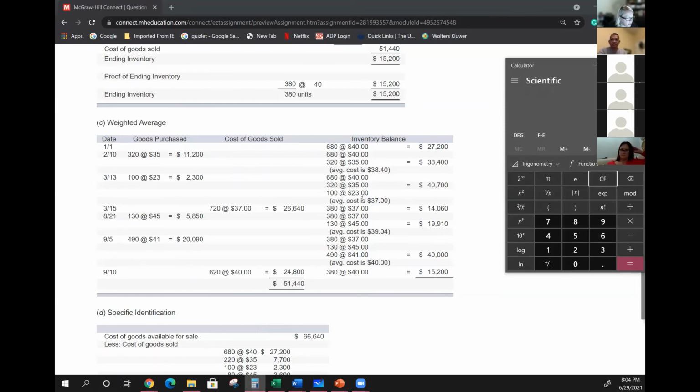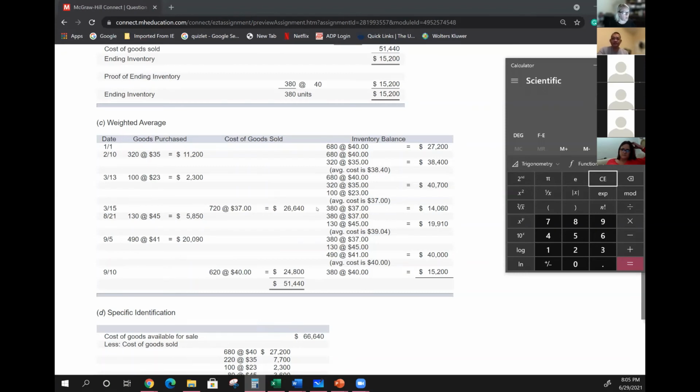So that's my $37. That's my average. Now when I sell on 315, I have to use that number, not the $38. I have to use the 37 because I bought more before I sold it. So I had to redo my average. So now when I sell on 315, I'm going to have an average cost of $37. Does that make sense? Yes.